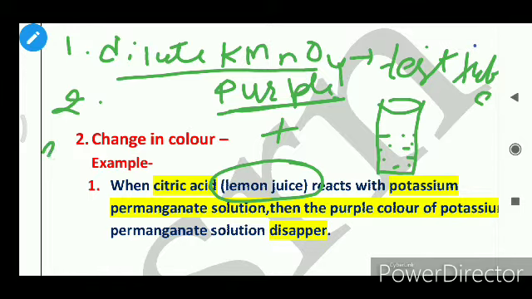Number 3, the purple color of the potassium permanganate solution becomes colorless.